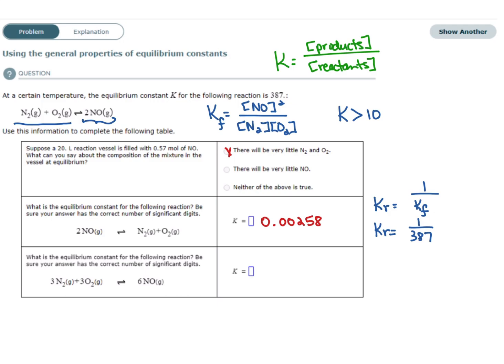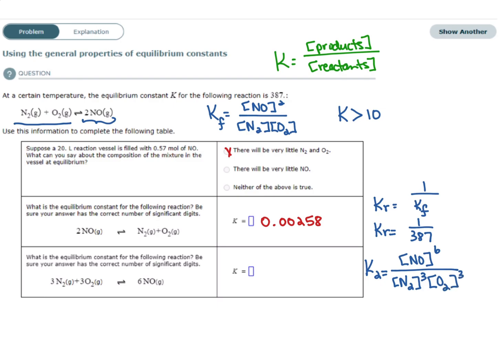All right, now they want us to figure out the equilibrium constant of the following chemical equation. I'm going to call this K2 just to distinguish between the other Ks. It is the concentration of the products raised to the power of the coefficients over the concentration of the reactants raised to the power of its coefficients.